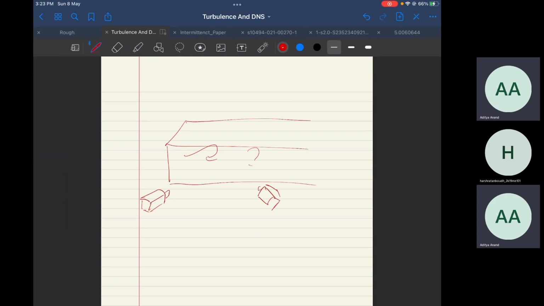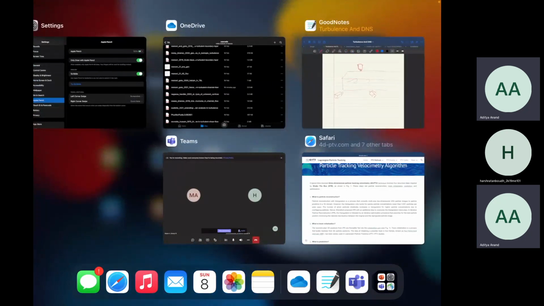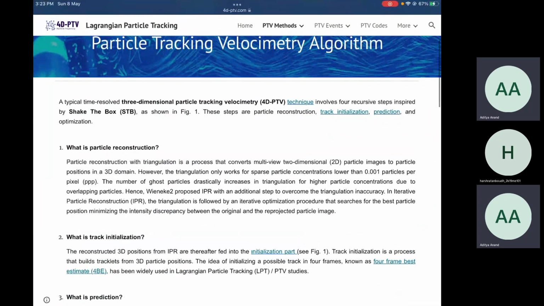At least three. So some of the codes that are given there say that you need at least three cameras. From these three or more cameras, you take snapshots, and then you reconstruct these images into a three-dimensional field. So you have your particle images and locations in a three-dimensional field. And then you track that in time to get those particle trajectories in a three-dimensional flow.